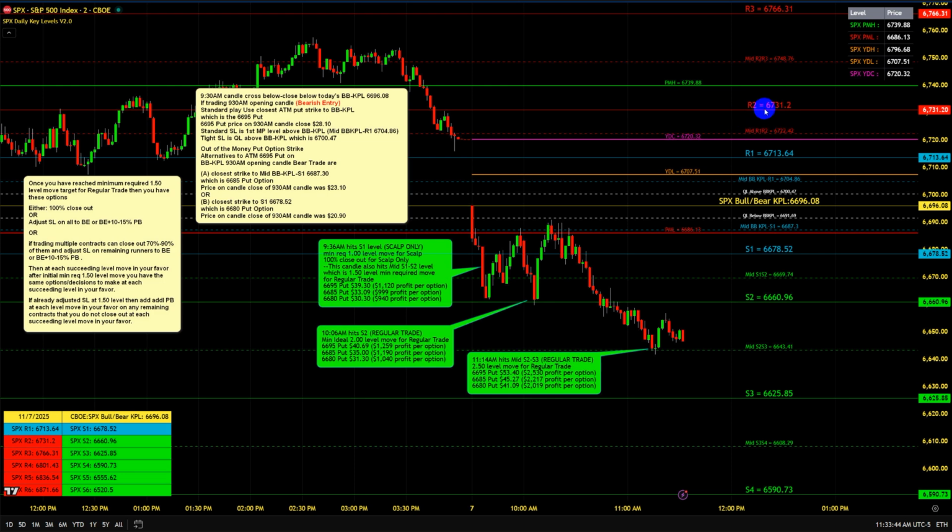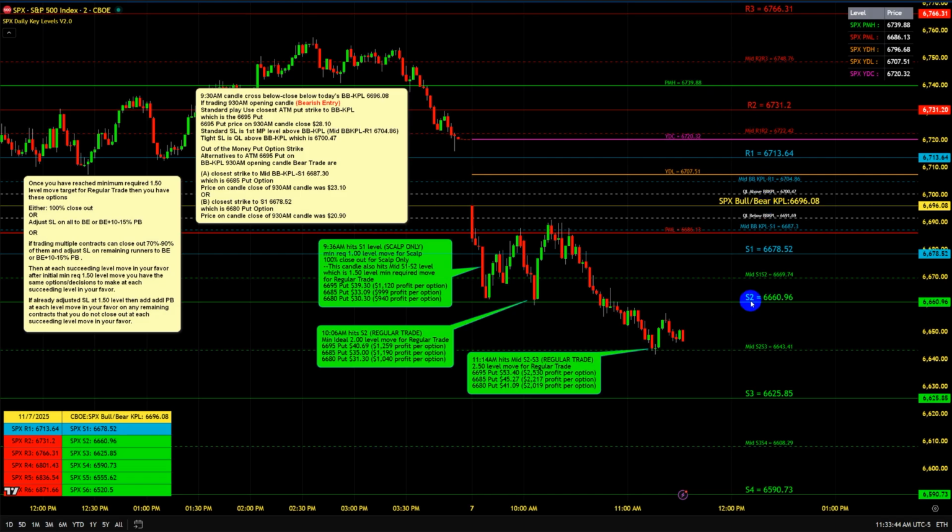If you're taking a bullish trade from R2, then R3 is your scalp exit. If you're taking a bearish trade off of R2, then R1 is your scalp exit, and the mid BBKPL R1 is your minimum required 1.5 level move.